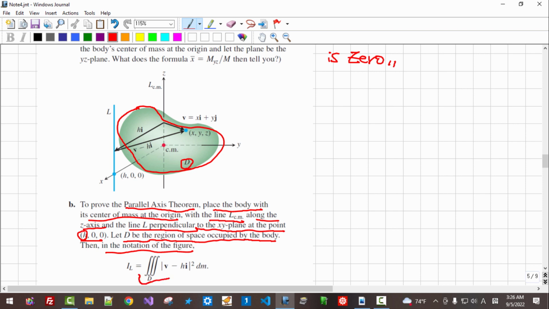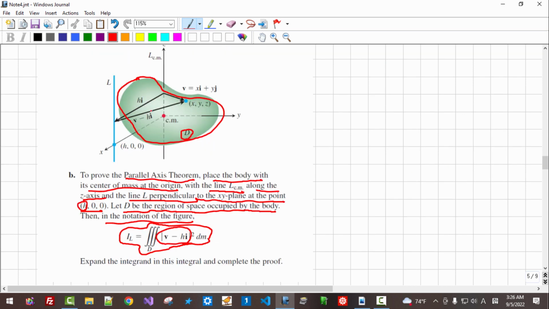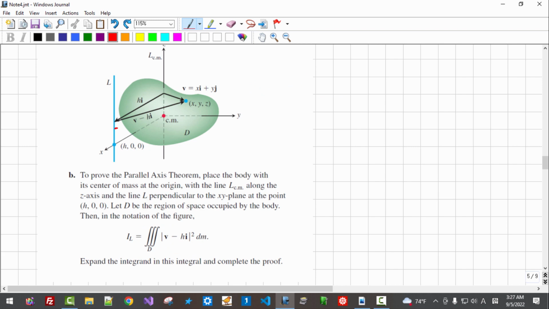This is the definition of second moment. This point is called the point of application. Please try to remember the term. Also, this point I would call the pivot point. This vector is usually represented by r.